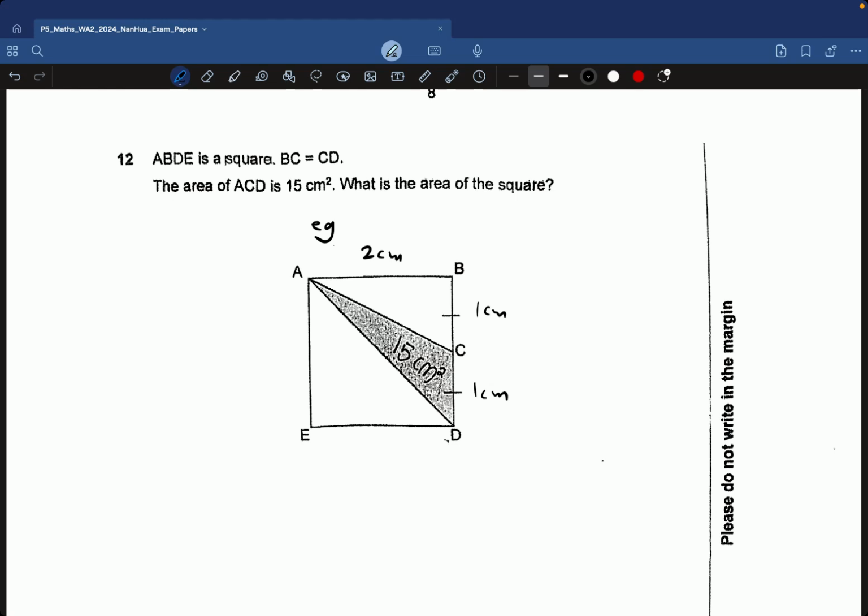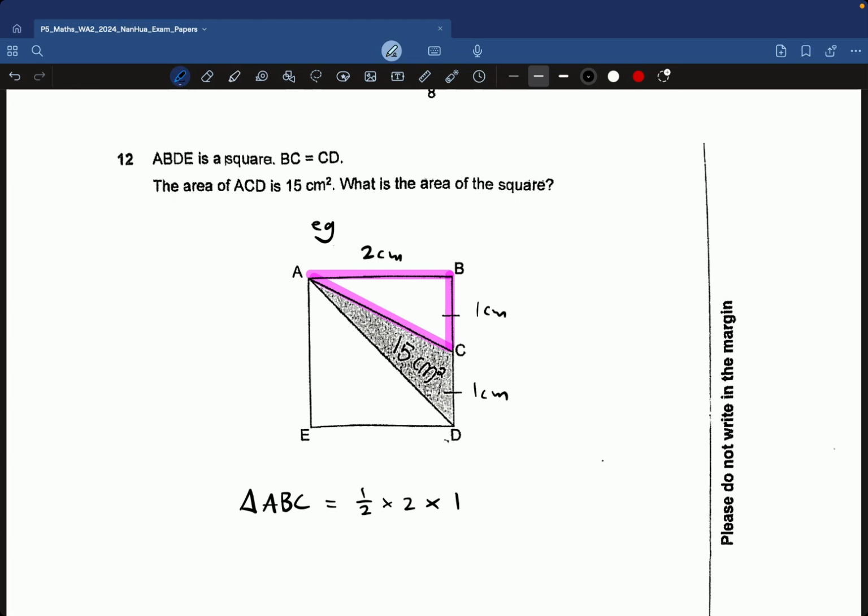Let's ignore this. So basically the area of triangle ABC, I'm going to highlight this as well. So ABC over here is equal to half times 2 times 1.